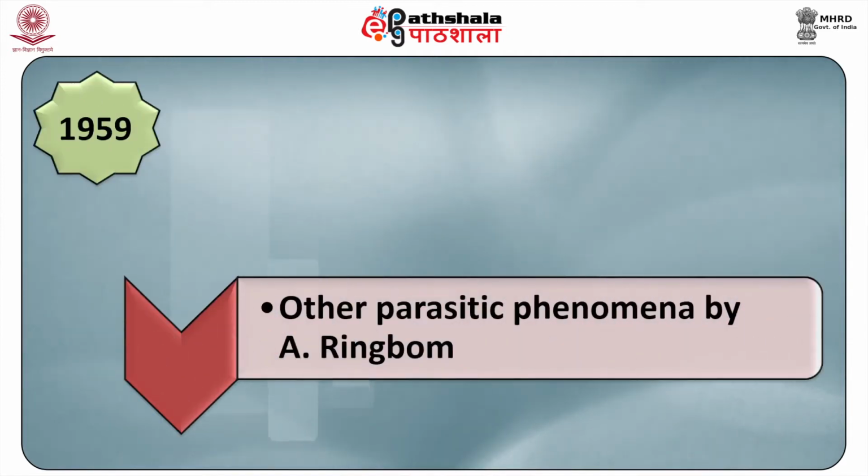The conditional stability constants were first established in the case of concerned titration of tetraanionic EDTA with some metal ions. In 1959, the scope of their application was further extended to other parasitic phenomena by A.